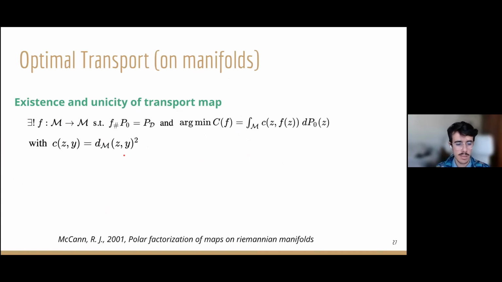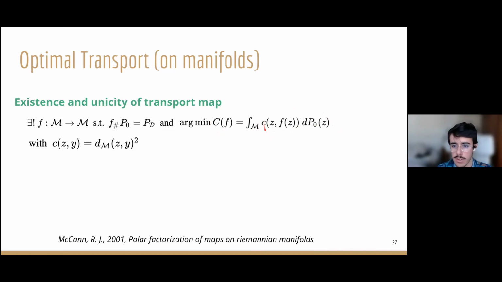I guess there is Theorem 9 from this paper that shows that there exists a unique map from the manifold onto itself, such that the push forward of the base distribution yields the target distribution, and also such that it minimizes this cost, which is familiar for OT people. I'm not sure how familiar people are, but I assume that people are.